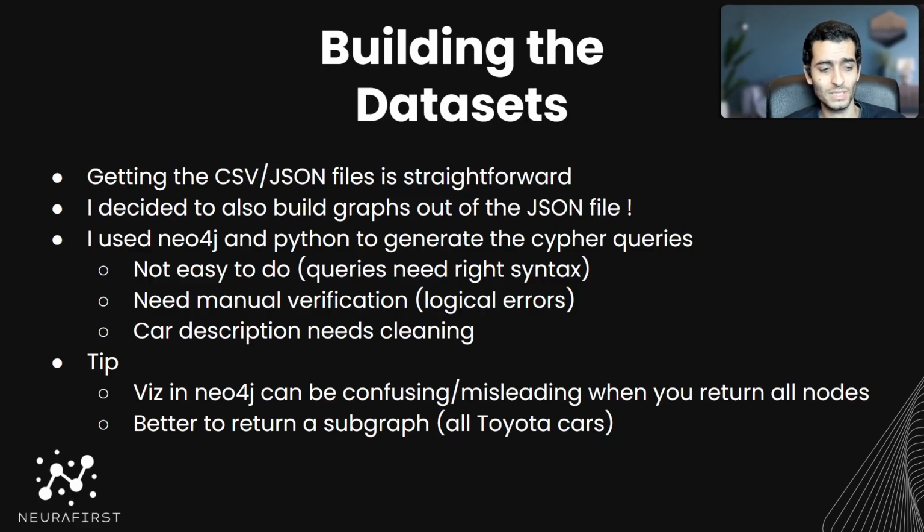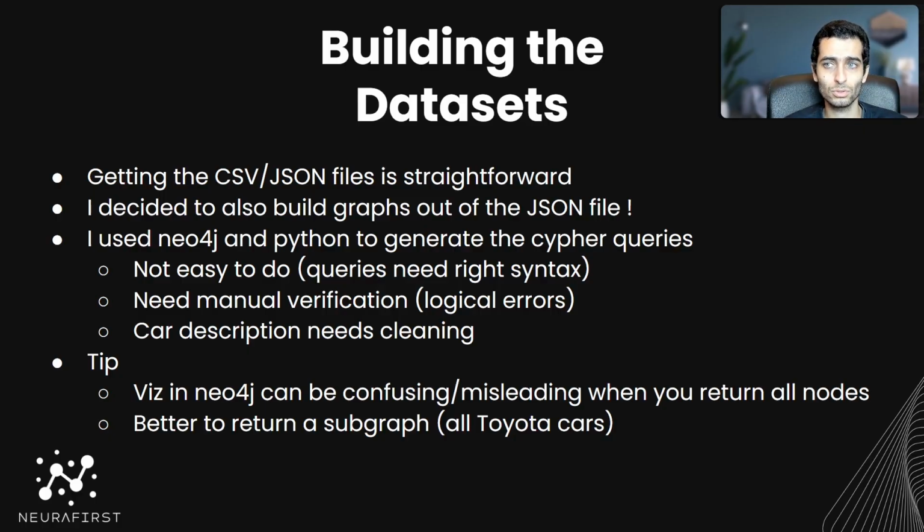Also, guys, a useful tip for building this graph is that, once you have a graph that is ready, you want to visualize it because you want to know if it makes sense. And basically, when you type the query to return all the nodes, sometimes it might be confusing or even misleading, and you might think, hey, this doesn't make sense, maybe there is an error somewhere, right?